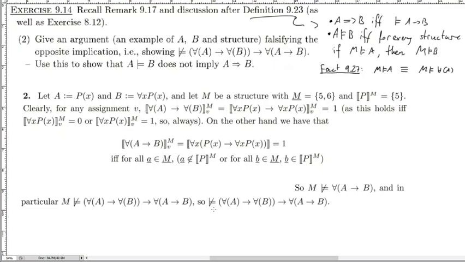So we've concluded that because we have come up with this interpretation, this M, and shown that there is an M under which this valuation is not satisfied, it is not the case that it is always true. So it's not a tautology, it's not valid, and therefore we cannot have that this implies this here. So for all A implies B is not a logical consequence of for all A implies for all B.